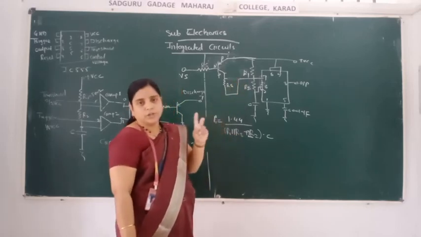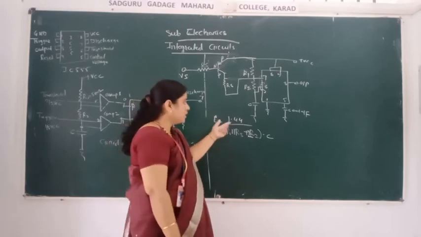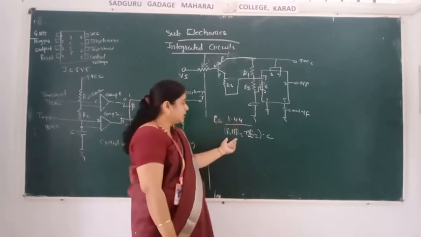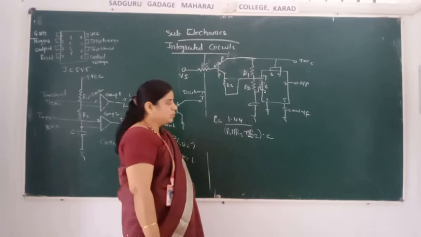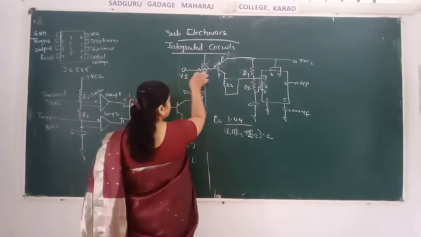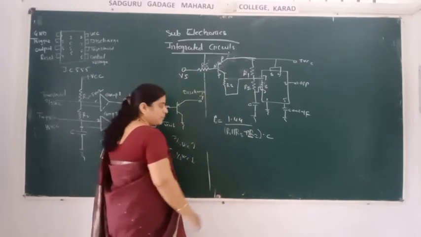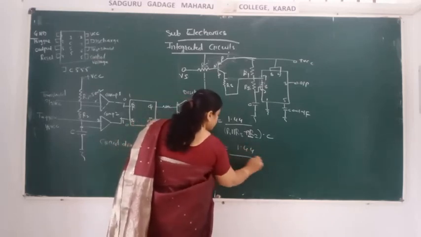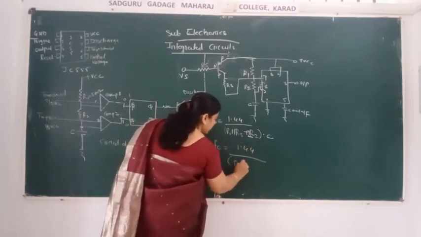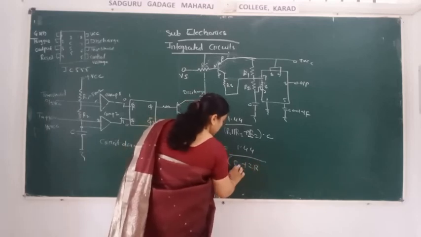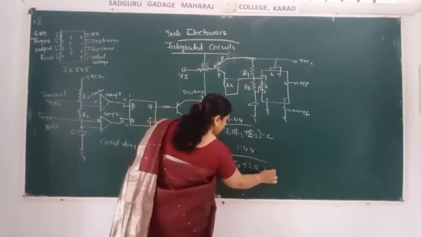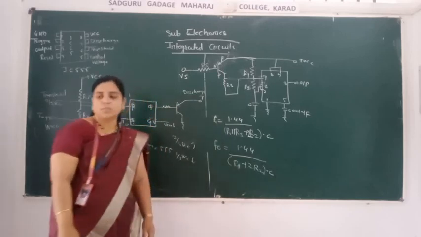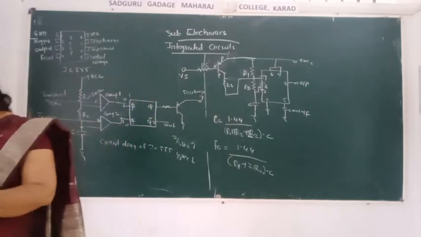So the frequency is F0 equal to 1.44 divided by (R3 parallel to R1 plus 2R2) times C. In the second stage, when input is applied, it works as an astable multivibrator, which gives the formula R1 plus 2R2 times C as the output of the astable multivibrator.